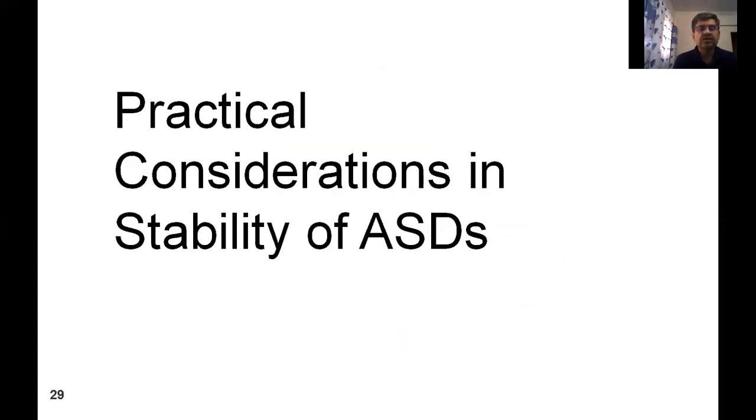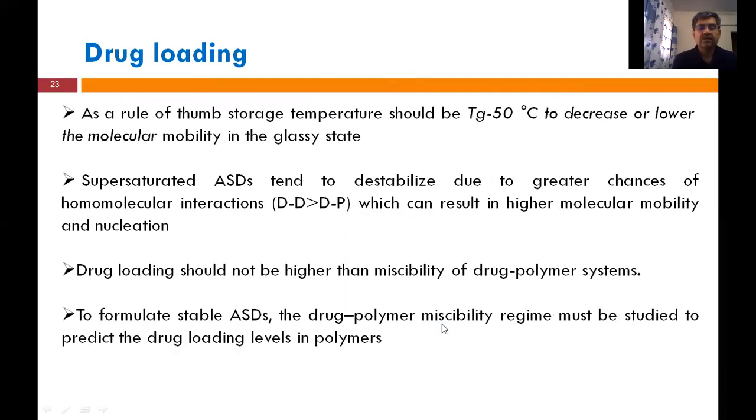Let us now discuss something about the practical considerations in the stability of the amorphous solid dispersion. Drug loading is an important consideration. The more the drug, the greater the probability of its recrystallization, because the interactions that happen between the drug and the polymer are important for keeping the drug in the amorphous form.